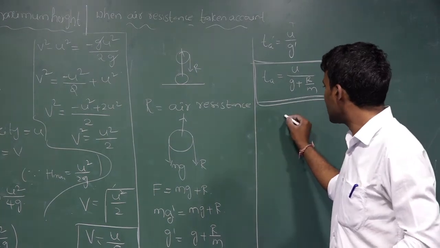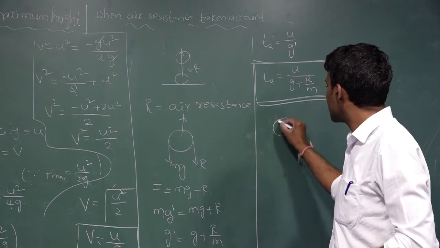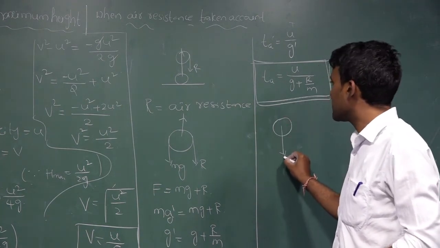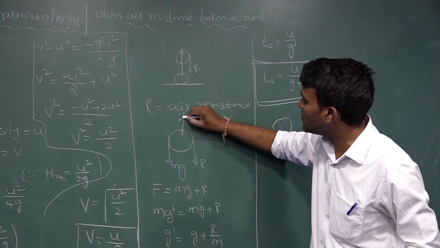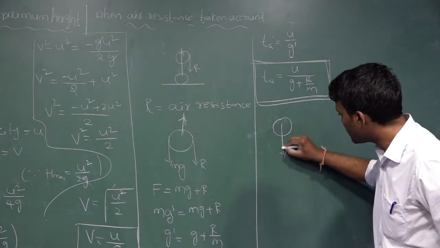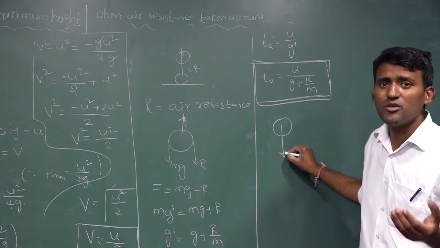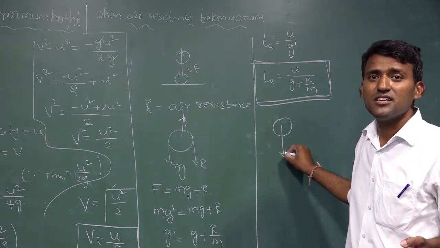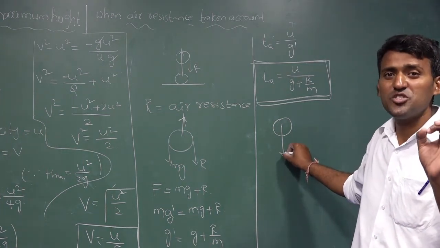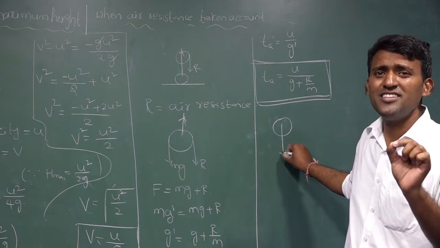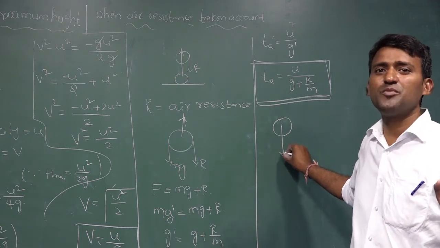Okay. Time of descent means when the object is falling in the downward direction. See here, the object is going upward; here the object is moving downward. What about air resistance? Always remember, resistance means opposing.